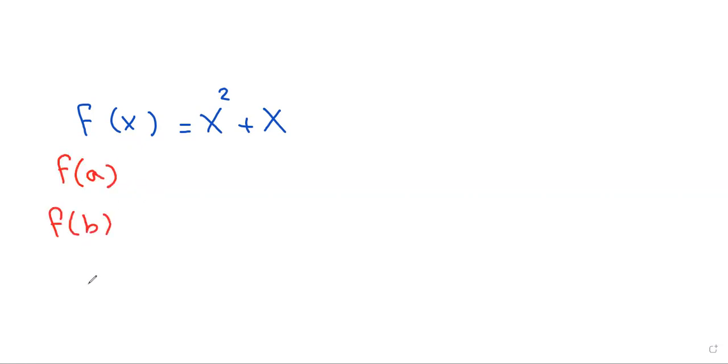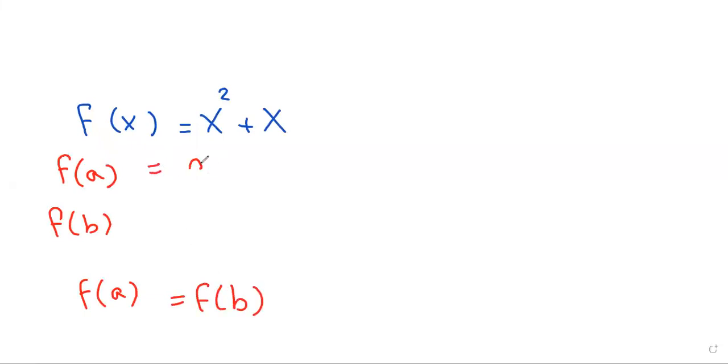If I have a function like f of x equals x squared plus x, I want to check if this function is one-to-one or not. So we'll find f of a, and we will find f of b, and after that we will make f of a equal f of b. These are the steps we follow.